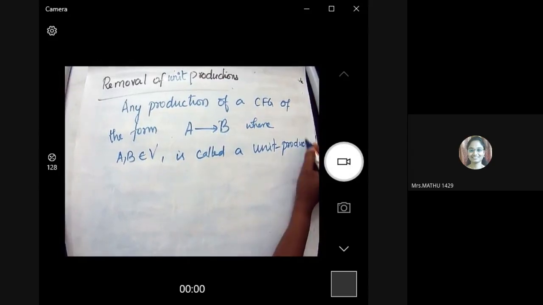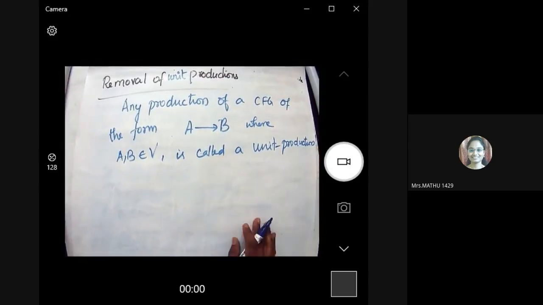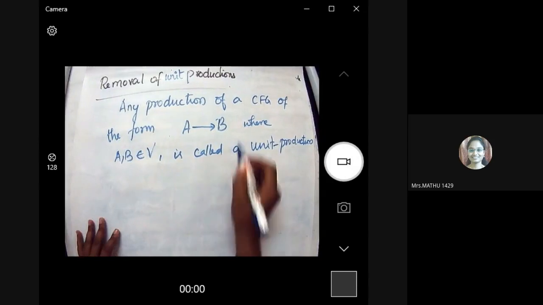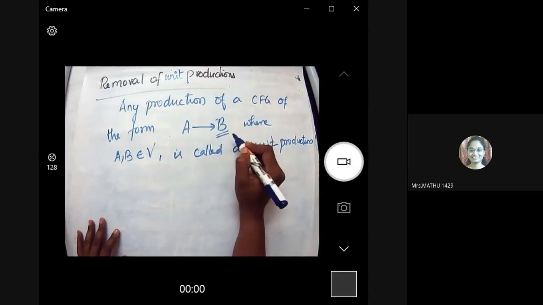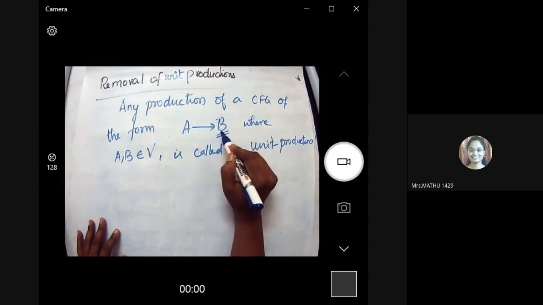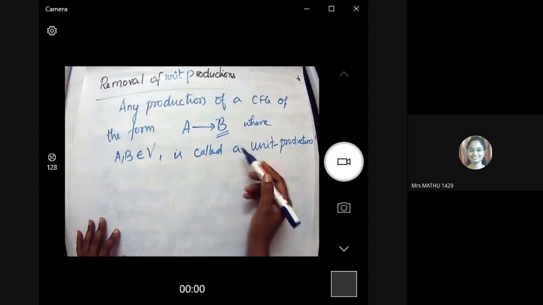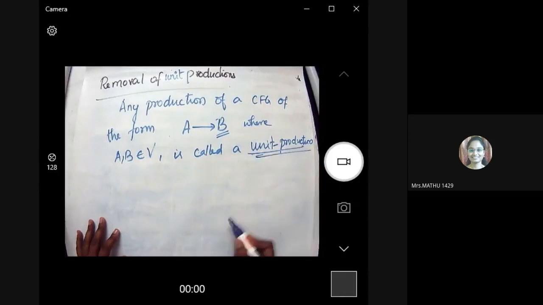From the name itself you can understand, unit is a single one. So on the right hand side of the production, if you have only a single variable, then we can call it a unit production. Now we want to remove such a production also.